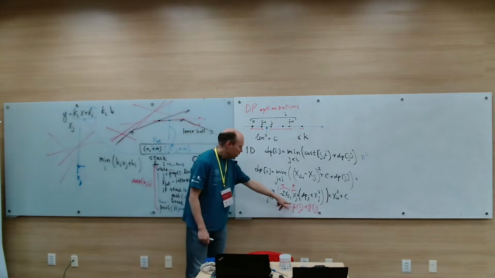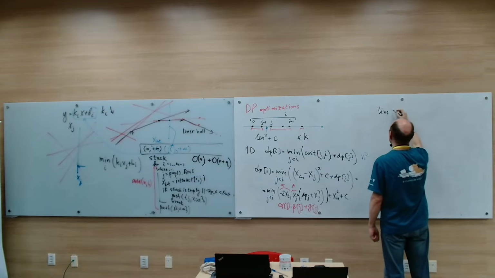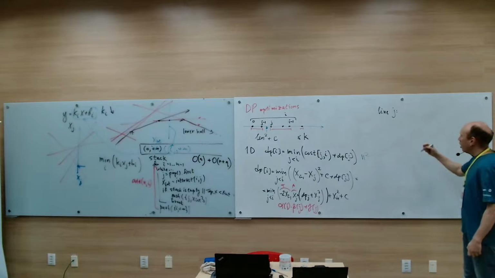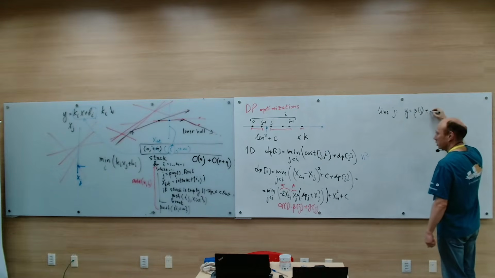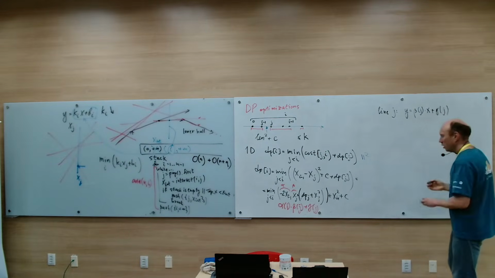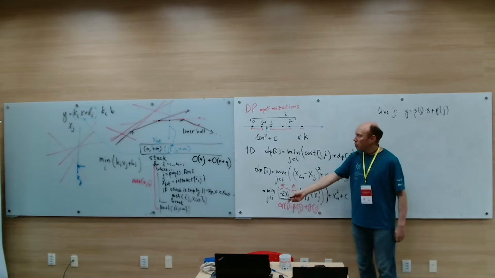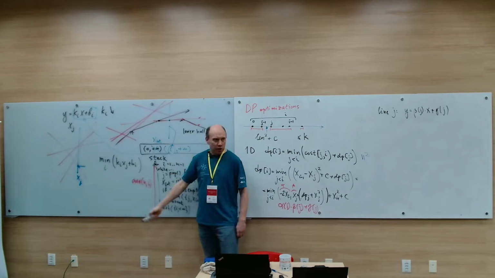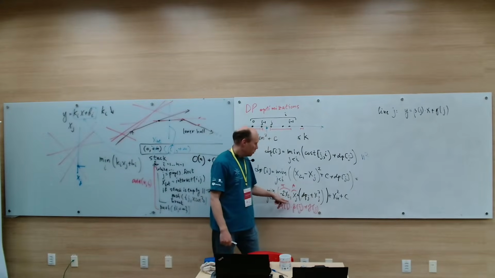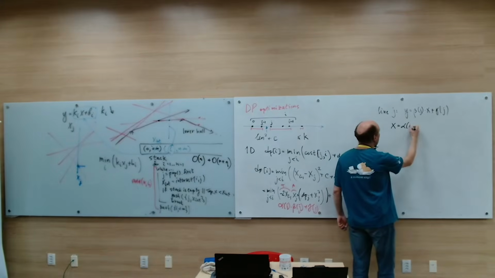Let's look closely at this and see that if we introduce lines, line number j, which has the form y equals beta of j times x plus gamma of j, then this minimization is exactly the problem that we have considered on the left whiteboard. We have the set of lines, and we have the query x equals alpha of i.